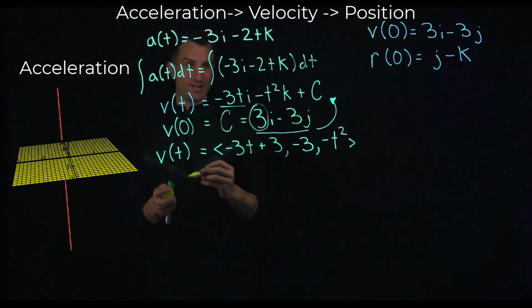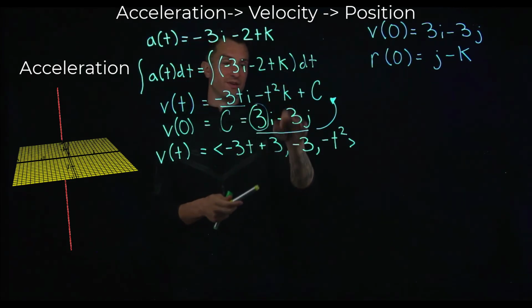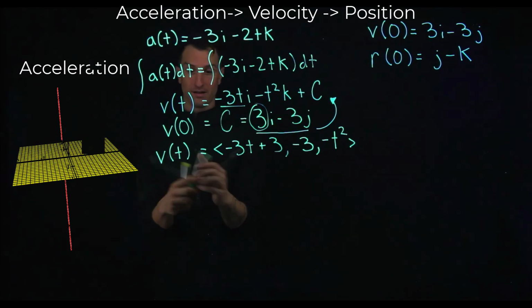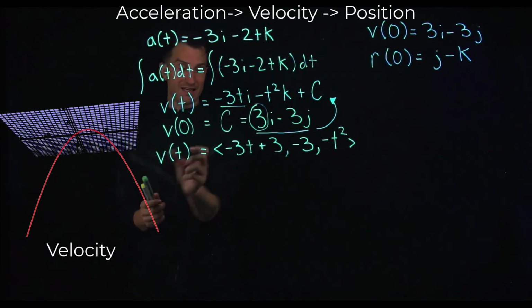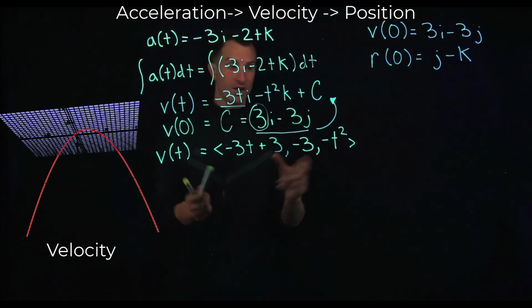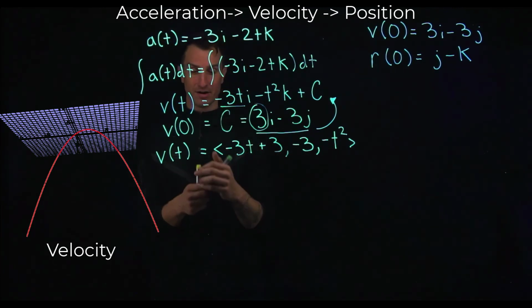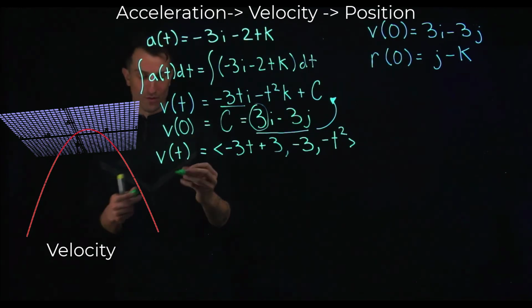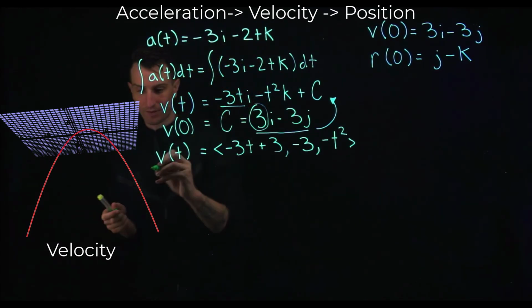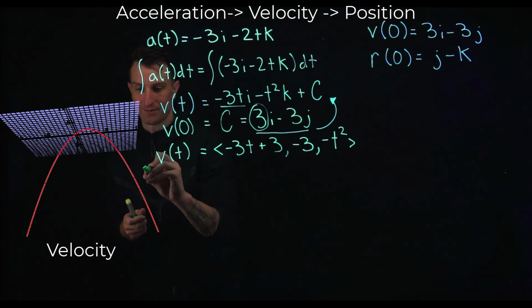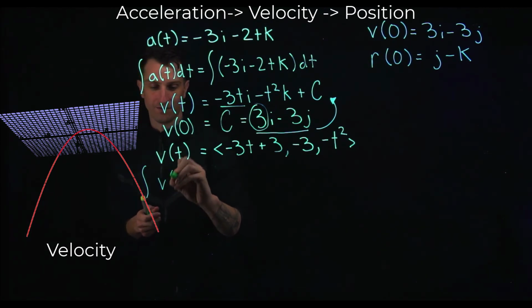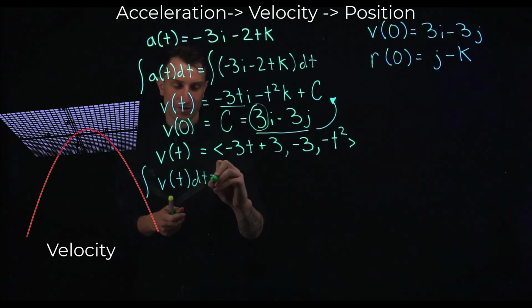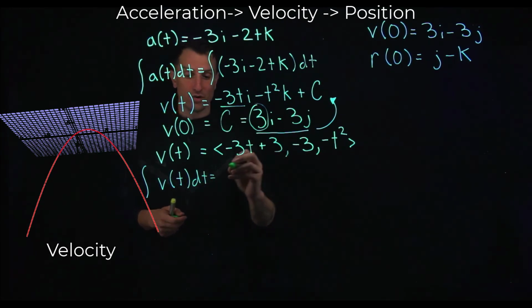Okay. All right, so now we have it in vector format. We're just getting used to both physics and vector format here. What's our next step? Well, we have our velocity. Now we want to go to position. So taking the integral of both sides here, and this might be improper notation, but we'll write it out. We have the integral of v of t dt is going to be equal to, and we just have to do each one of these separately.